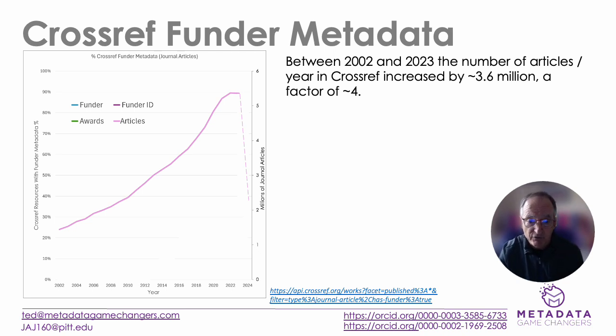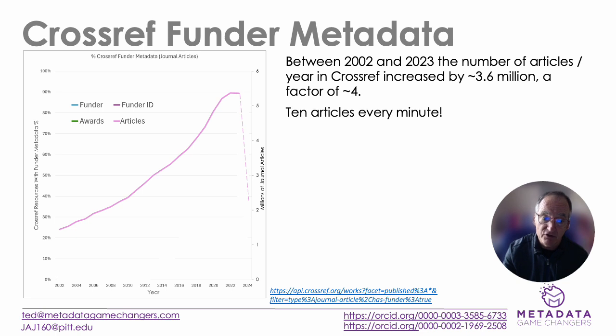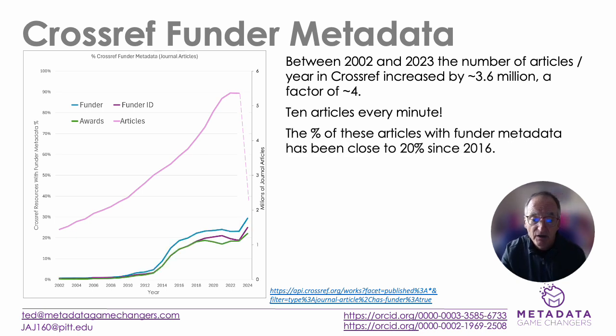So looking at Crossref, between 2002 and 2023, the number of articles per year processed in Crossref increased by about 3.6 million, a factor of 4. So right now there are about 10 articles every minute processed into Crossref, which is quite a task.